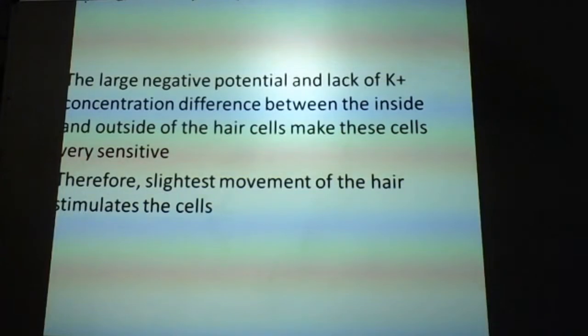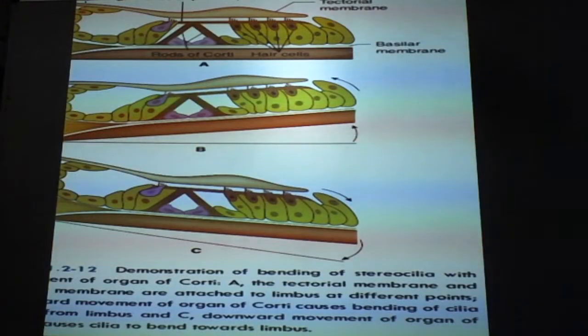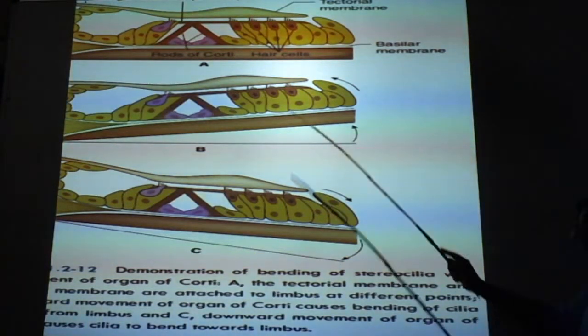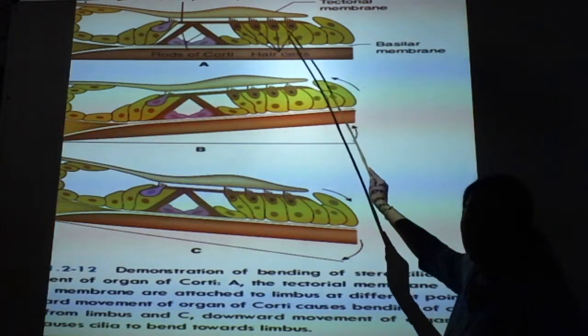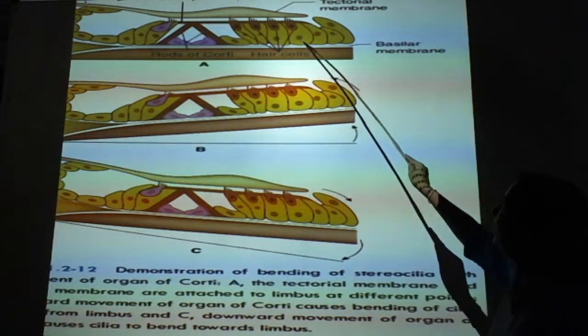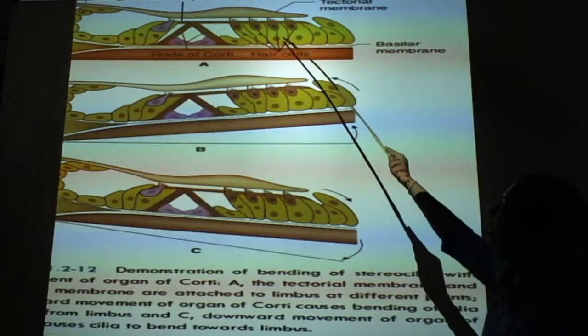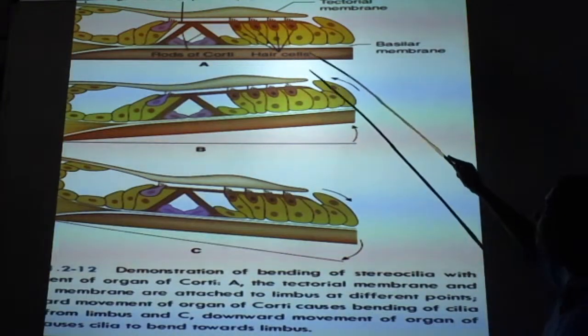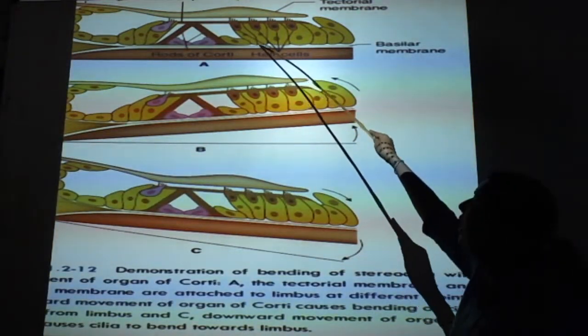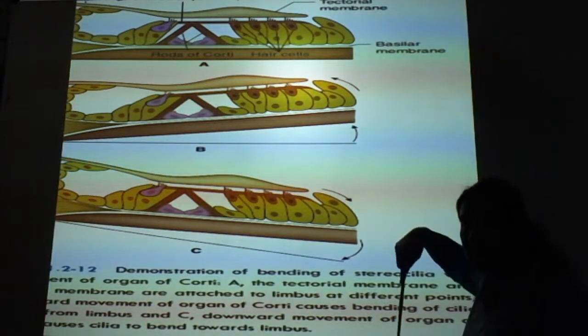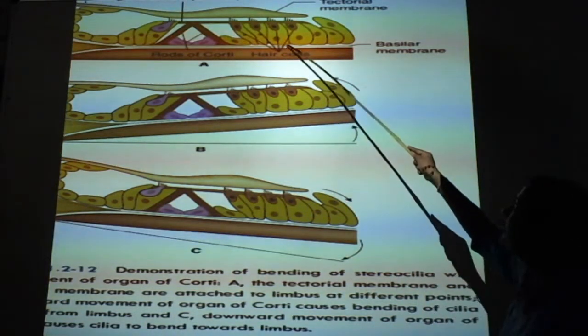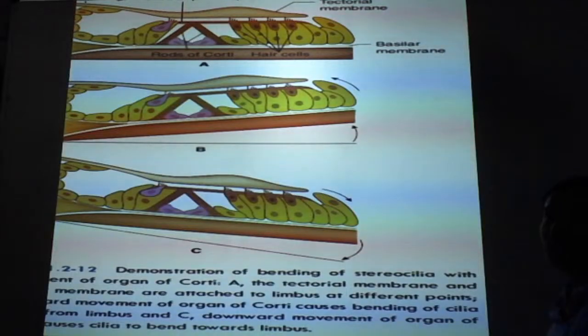So even the slightest movement of the hair cells stimulates them. The hair cells are bathed in fluid, so inside and outside there is a potential difference, and even slight movement can cause this potential change.